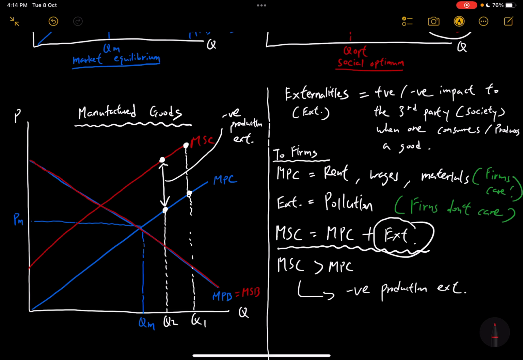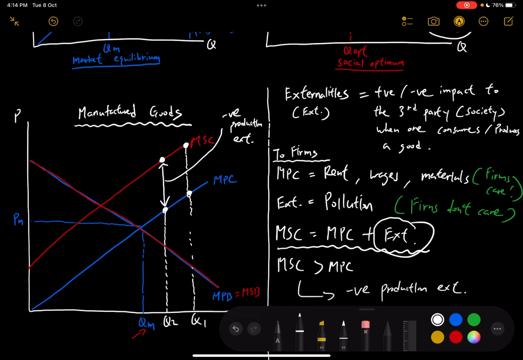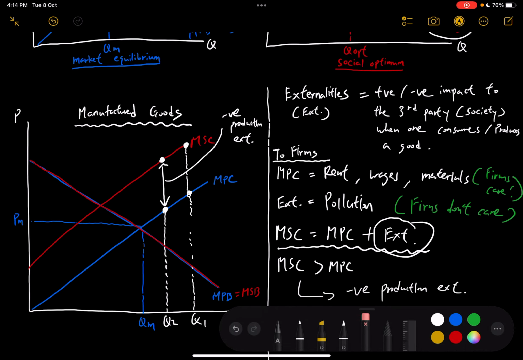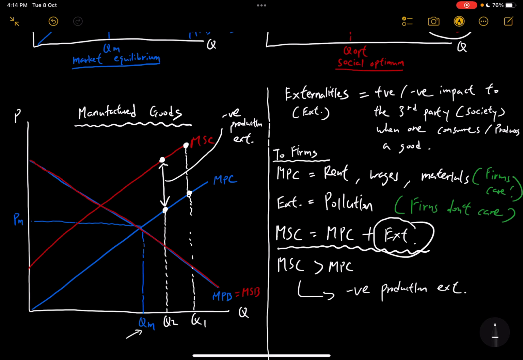Now when you look at the blue curves, we're able to find the market equilibrium, which is QM here. Let me use another color. Sorry about that. We can see QM, which is our market equilibrium. And also the quantity and the price for the society, the ideal case, we are also able to find because now we can see the red curves as well.